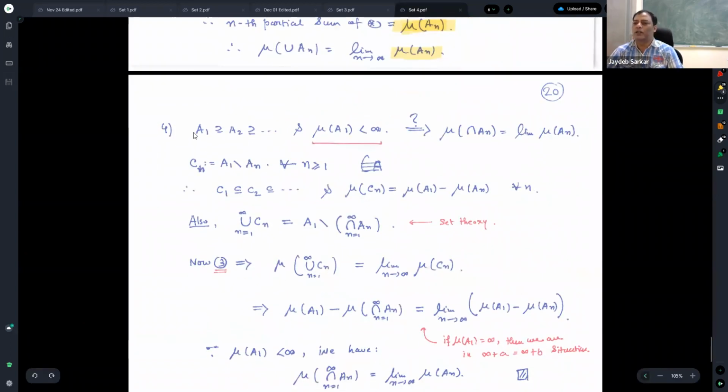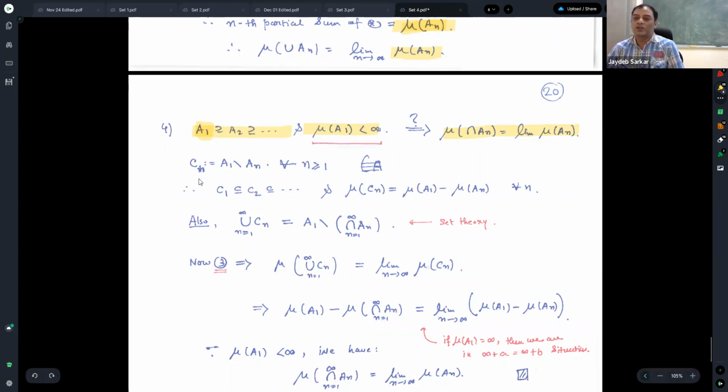Fourth part, and I have rewritten it over here. So now you have a decreasing sequence of sets with finite measure, that's the assumption, and I have to prove the measure of the intersection is the limit of the measures. From this picture, I go on to construct an increasing sequence, and that's not hard.